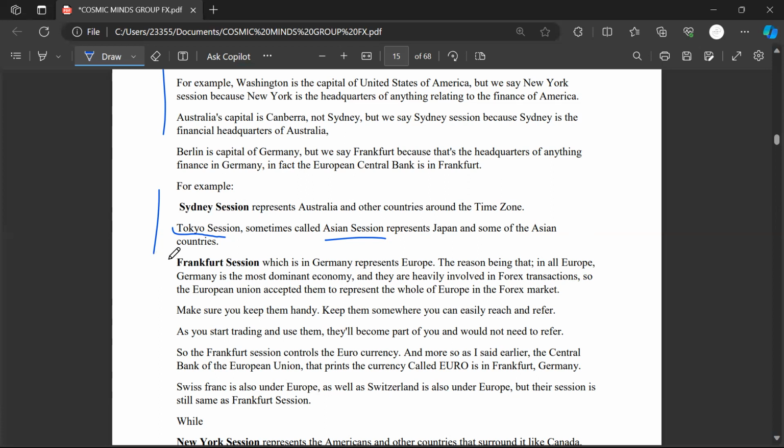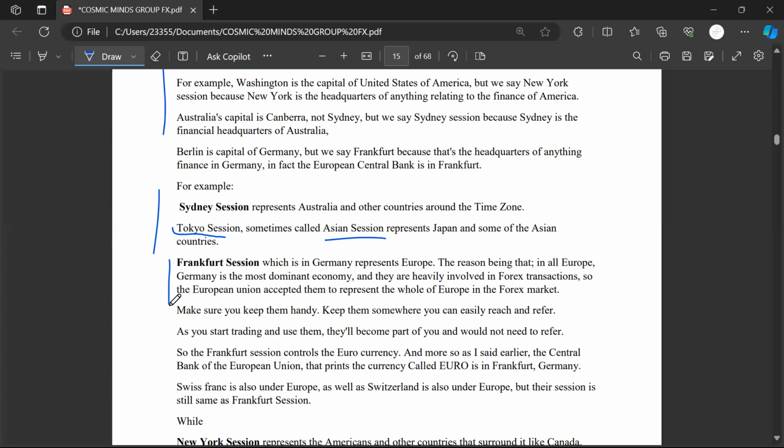This is a bit confusing, but also interesting. They are heavily involved in forex transactions, so the European Union accepted them to represent the whole of Europe in the forex market.